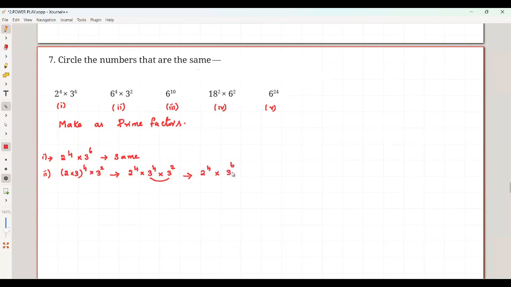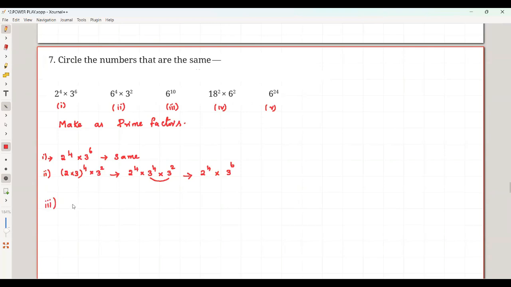That means 2 power 4, 3 power 6. Here also 2 power 4, 3 power 6. That means these two are same. So now we'll check with the balance also. Third question, third one. Third one also you just split in the form of prime factorization.